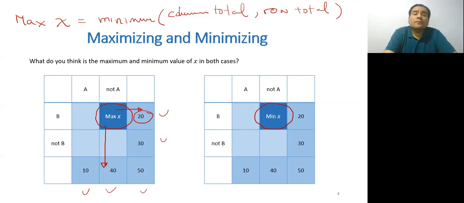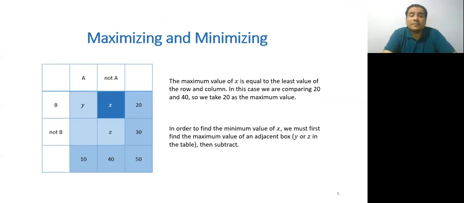Let's now talk about how to find the minimum value of X. Well, it's not always 0. Remember that the intersection counts always represent positive integer values, or 0 in the worst case scenario, right? How can we find the minimum value of X? Well, it follows that since, for example, the sum of boxes Y and X is fixed, it's 20, this sum is a constant value.